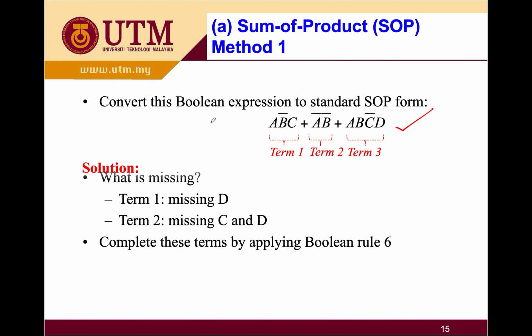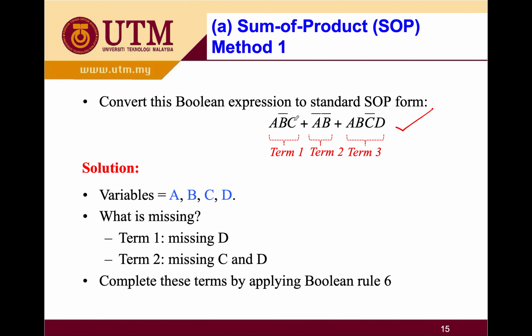Step by step: you look at term 1, term 2, and then term 3. For term 1, you miss the D, isn't it? For term 2, you miss the C and D, and this one is full. Because you miss D, you need to apply rule number 6.